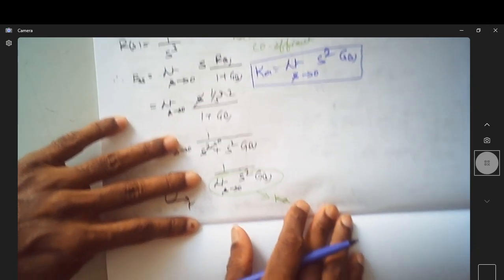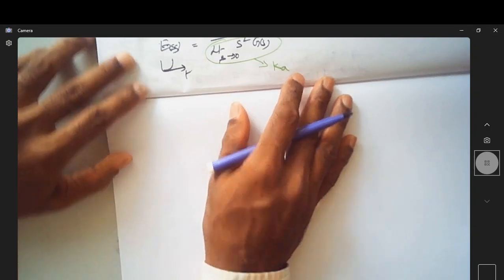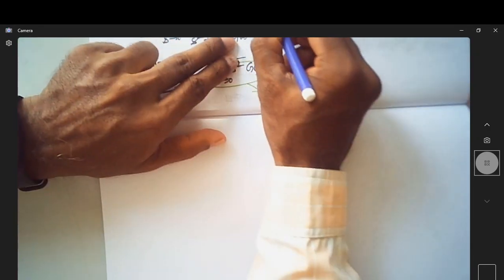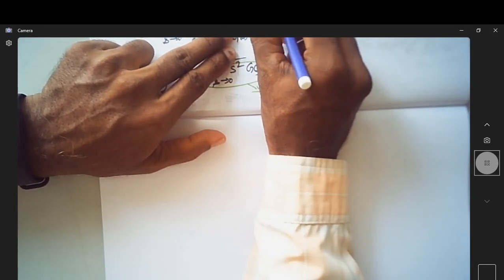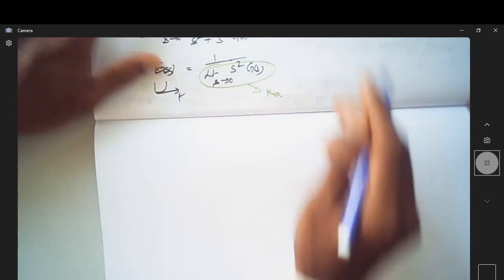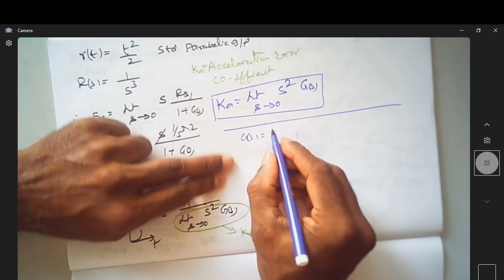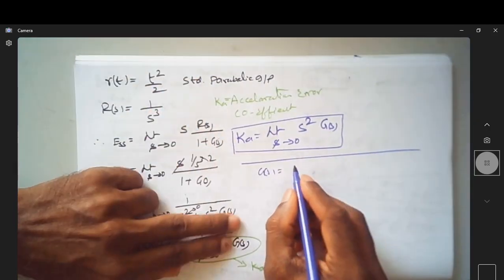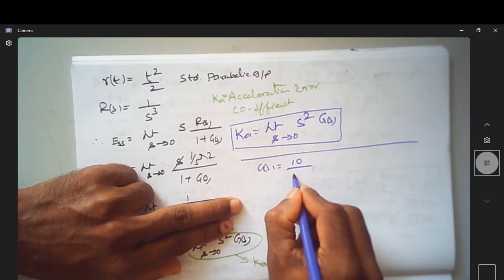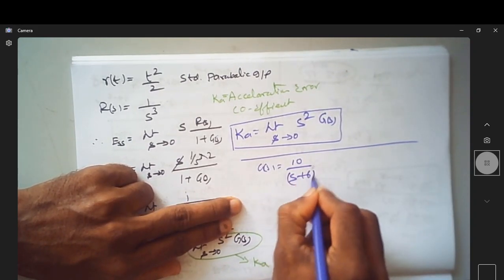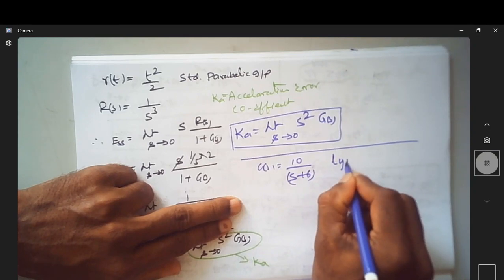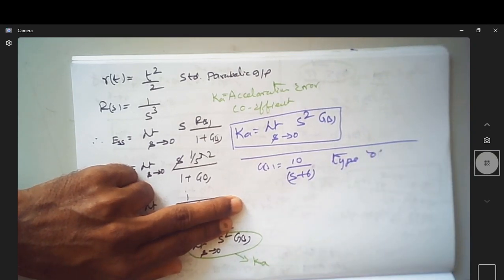Let us take the same example, with GFS taken as 10 by s plus 6. So this is a type 0 system.